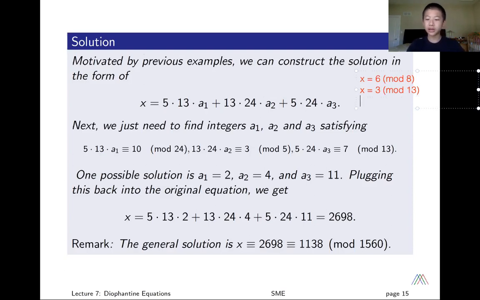Then we could let x equal 8 times a, plus 13b. And then we would just have to find a such that 8a is equivalent to 6 mod 8... sorry, such that 8a is equivalent to 3 mod 13, and 13b is equivalent to 6 mod 8. So that's what you do if you had a different number of equations instead of 3.